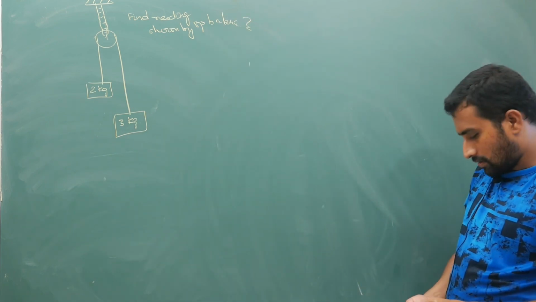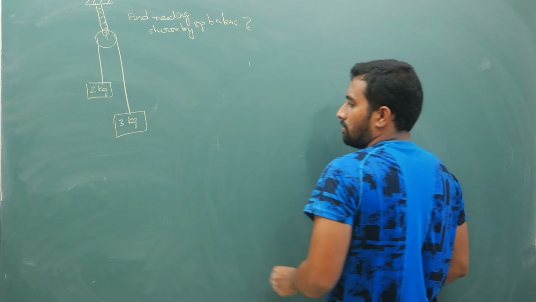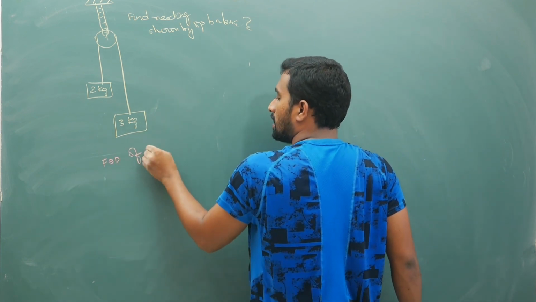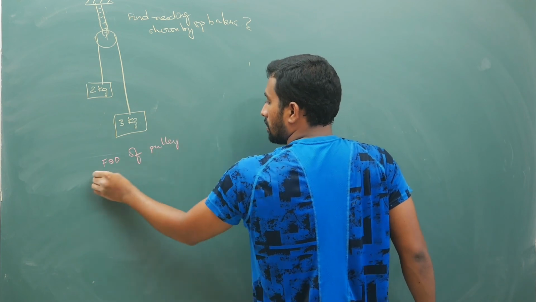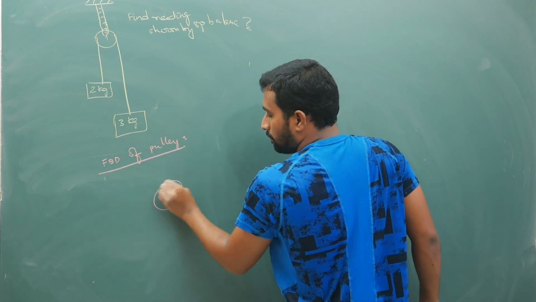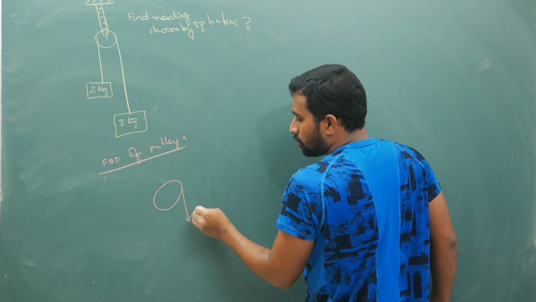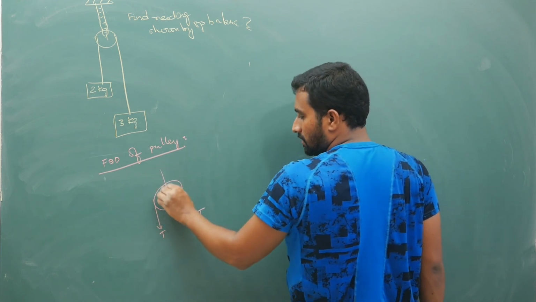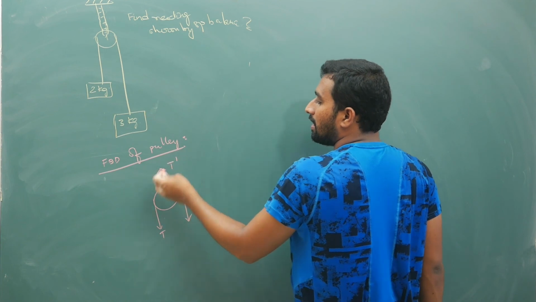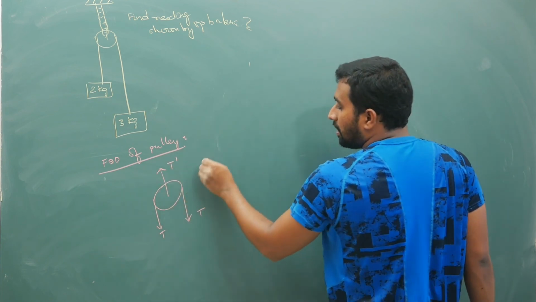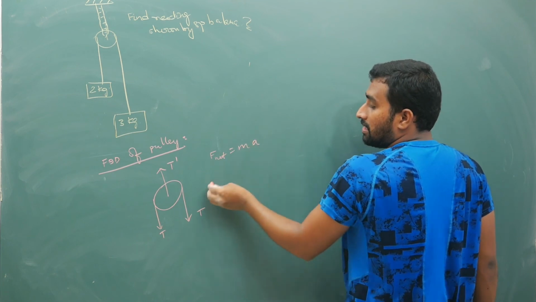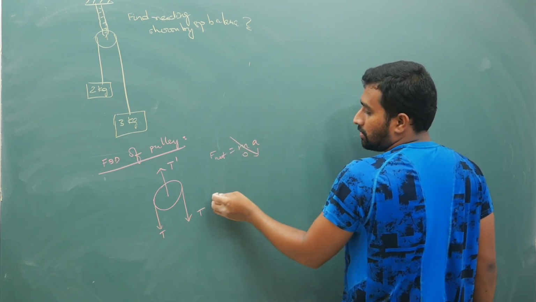So if this is the scenario, take your FBD of the pulley. On the pulley, the right side rope will pull it downwards, and the left side will pull it downwards. To balance this, you will have some T dash. Because net force is equal to mass times acceleration, and the pulley is massless, it is 0.